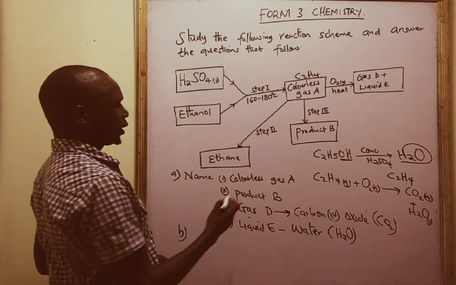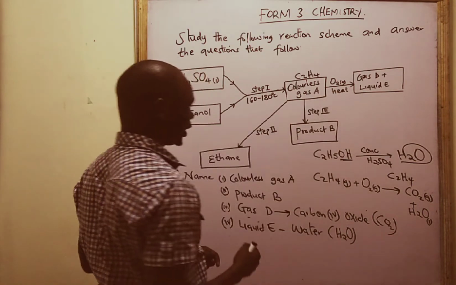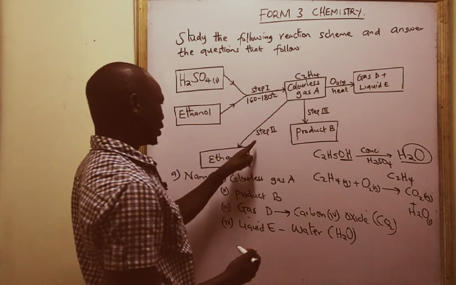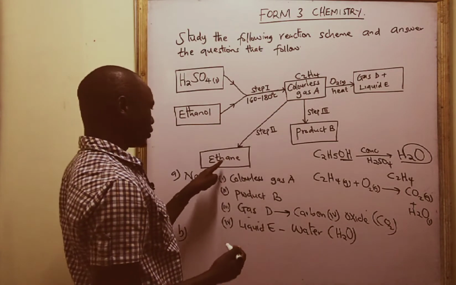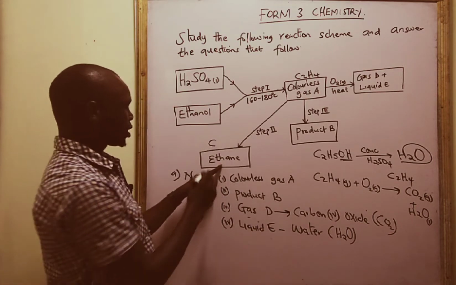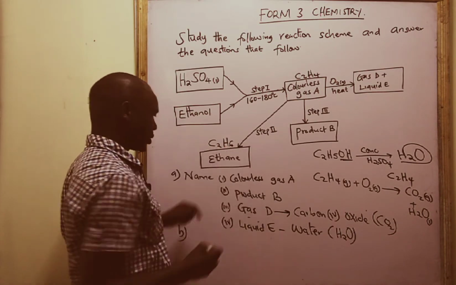Then from this particular point here, we are going to have colorless gas A undergoing step 2 to give us ethane, and the formula of ethane is C2H6.